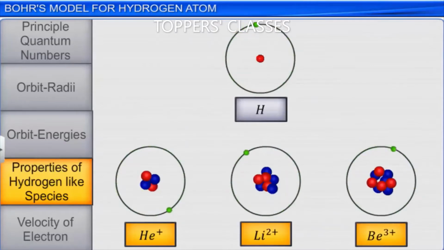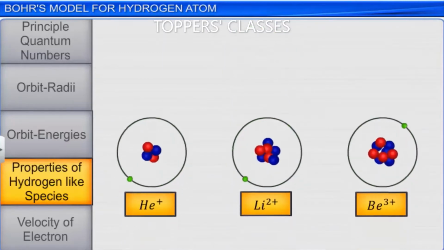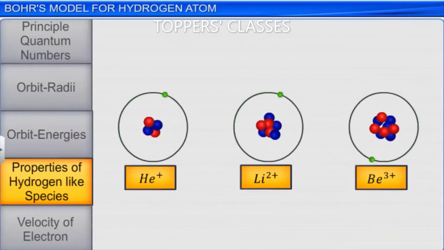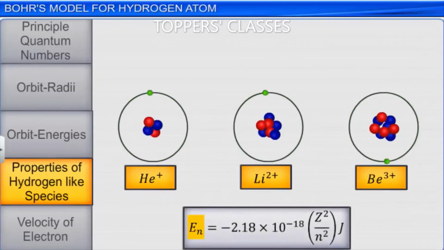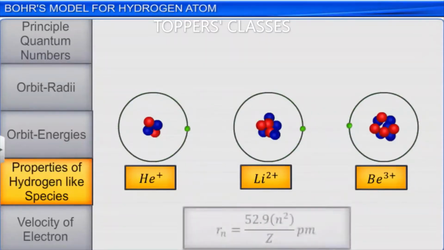The energies of the stationary states of hydrogen-like species are given by the expression E_n = -R_H multiplied by Z², the square of atomic number, divided by n², the square of principal quantum number. The orbit radii of these ions is given by the expression r_n equal to Bohr's radius multiplied by n², the square of principal quantum number, divided by Z, the atomic number.